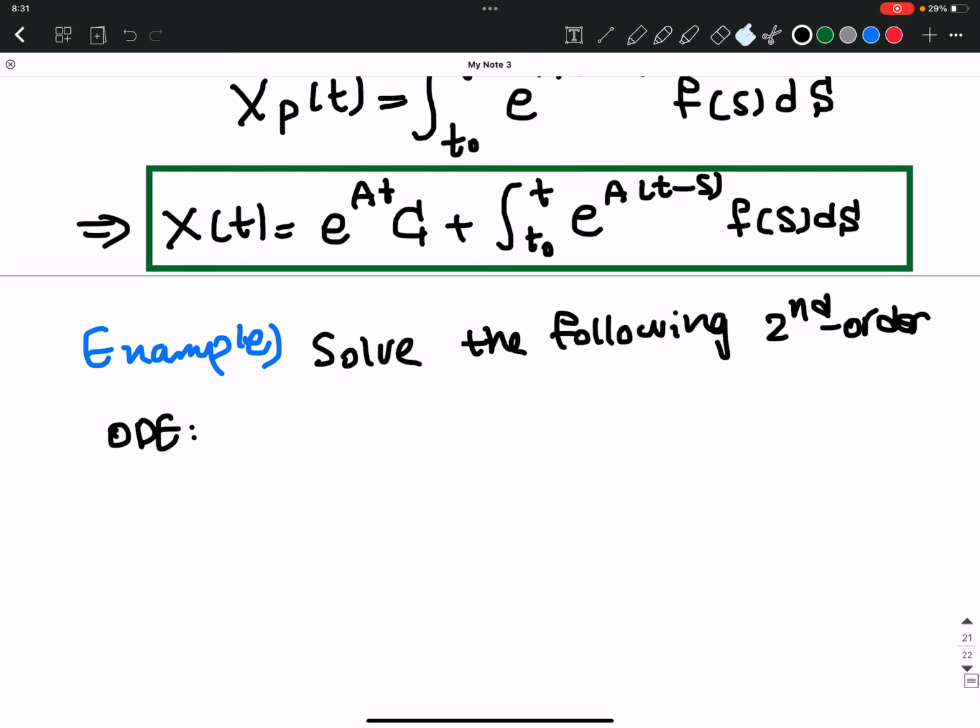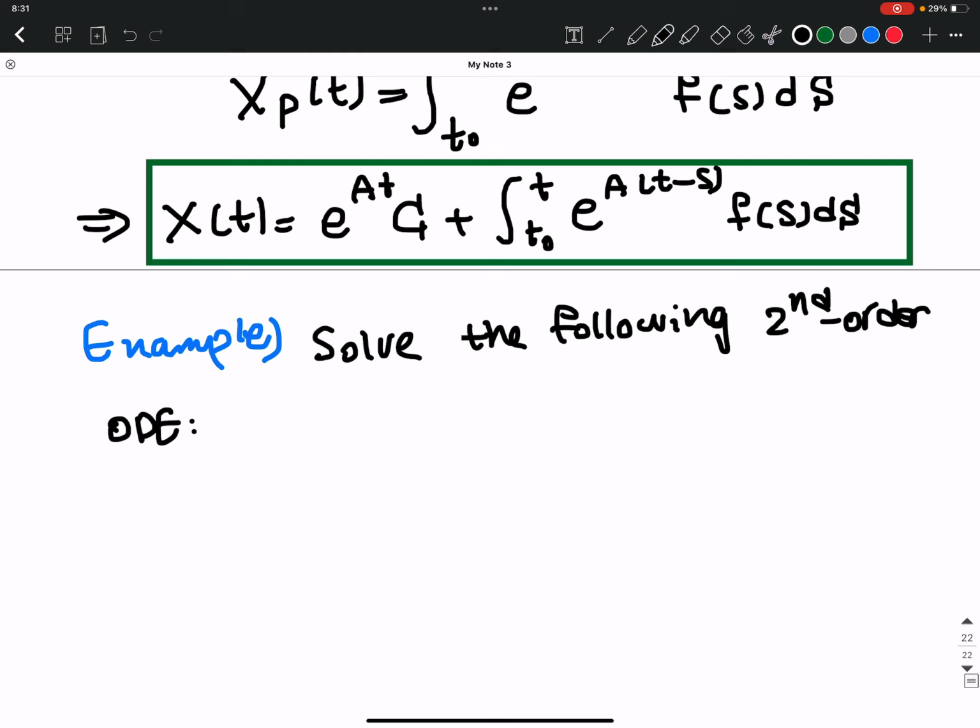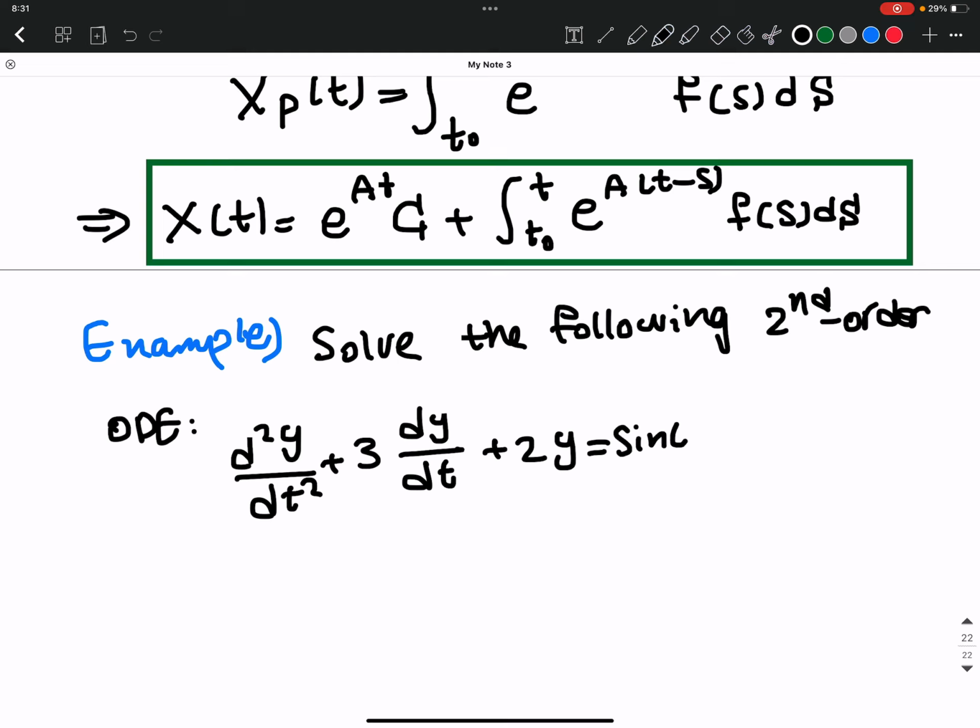My ODE is as follows: d squared y over dt squared plus 3 dy/dt plus 2y equals sine of t, with y(0) equals 0, and the first derivative dy/dt at 0 is also 0.